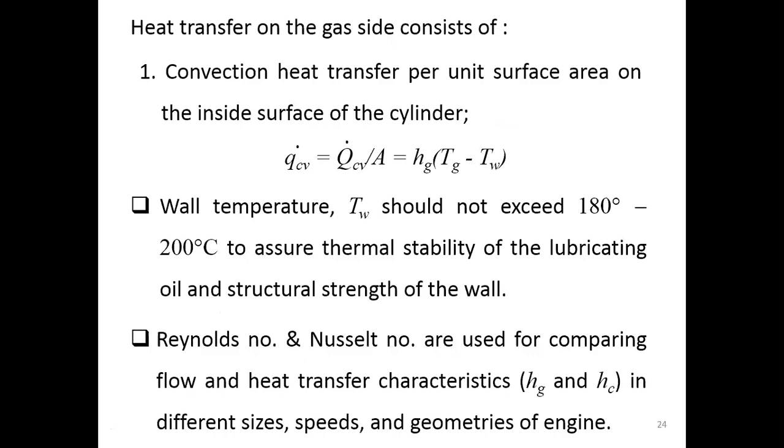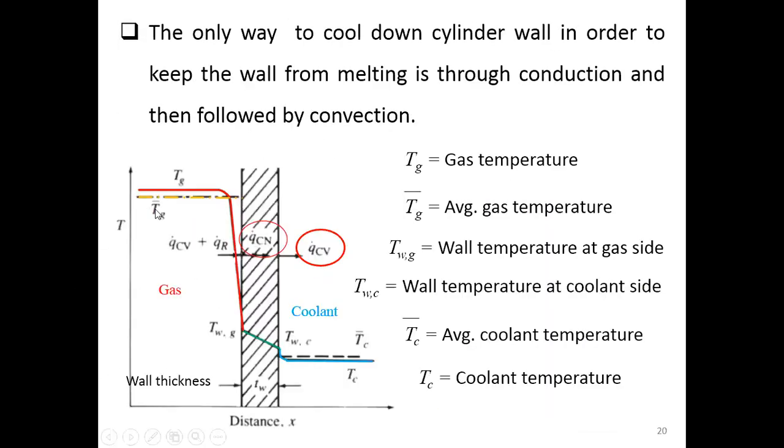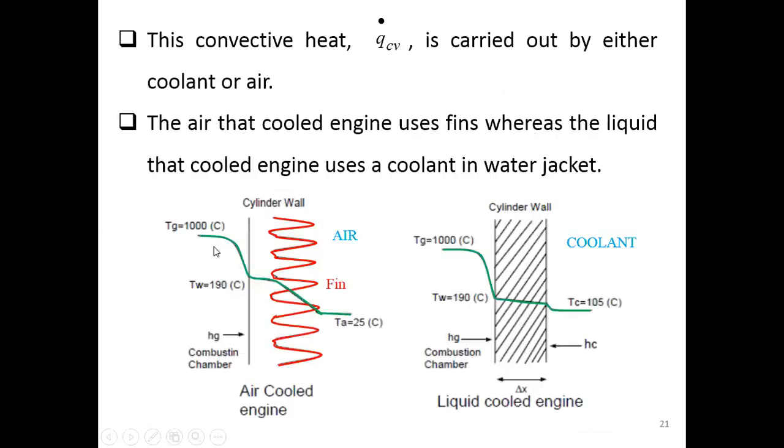Okay, so this is the overall heat transfer, if we want to talk about the heat transfer using just one term, instead of talking one by one from conduction and then convection. How about the heat transfer on the gas side? In here, we have convection and radiation.